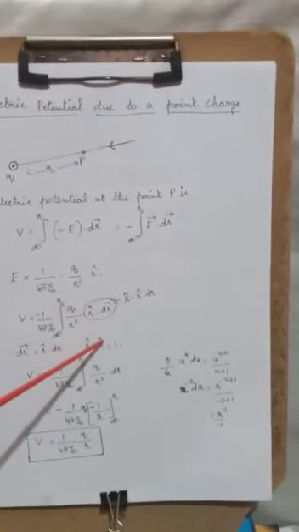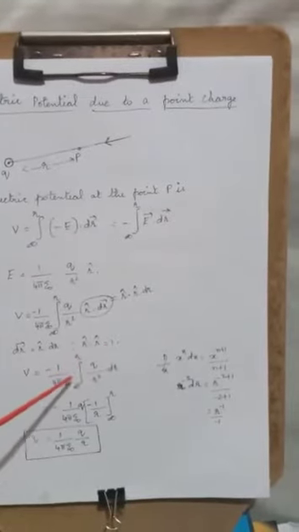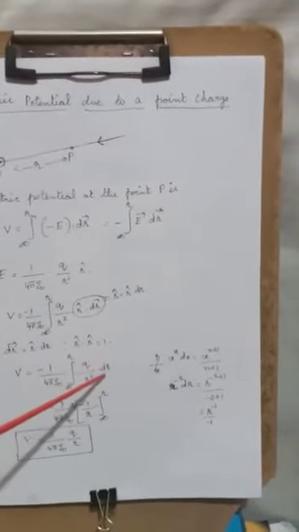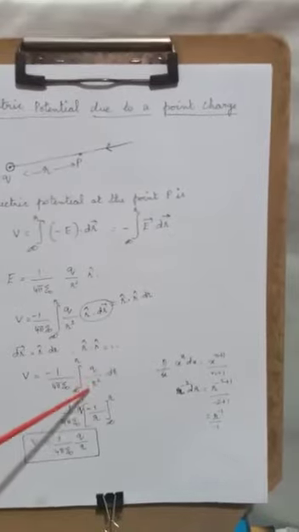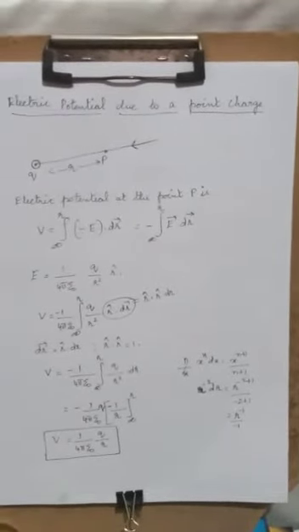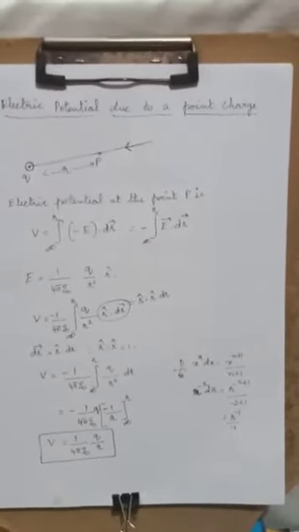So R cap into R cap will give you 1. So that is why this changes to dr. Dr says that R is the integrating element. That is what I am going to do an integration.